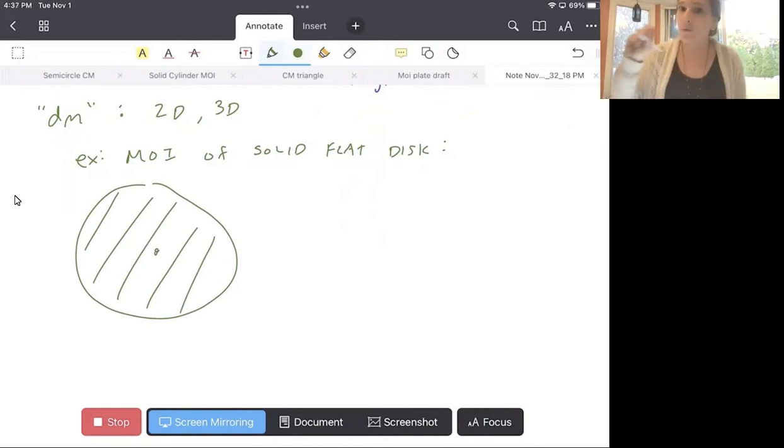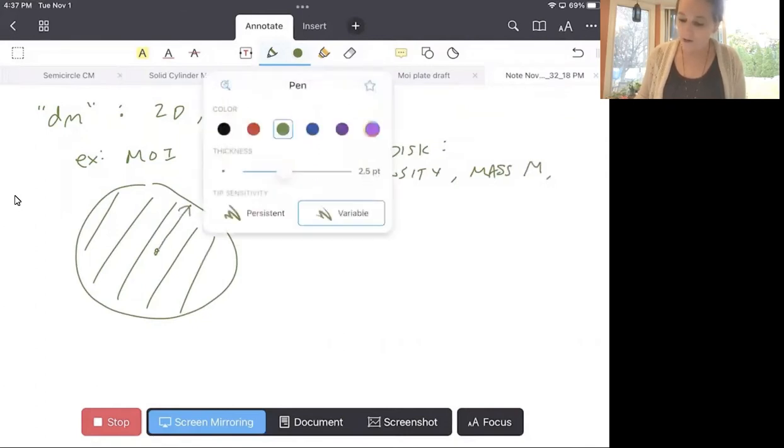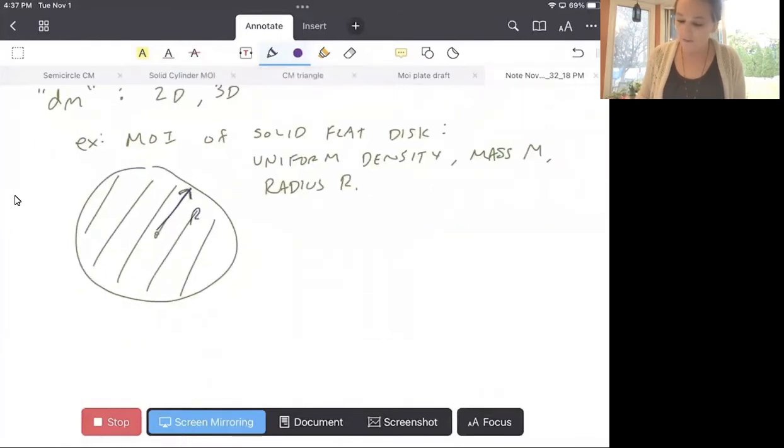If it's not uniform, you'll see how you can change that out for a function. I'll point that out here. But let's say that it's a uniform density. Just for this example, let's say it has a total mass m and a radius r. So I would have here some radius of the entire circle, r, and some total mass m.